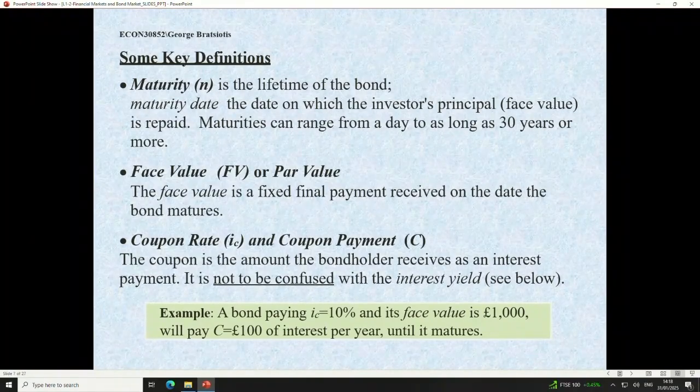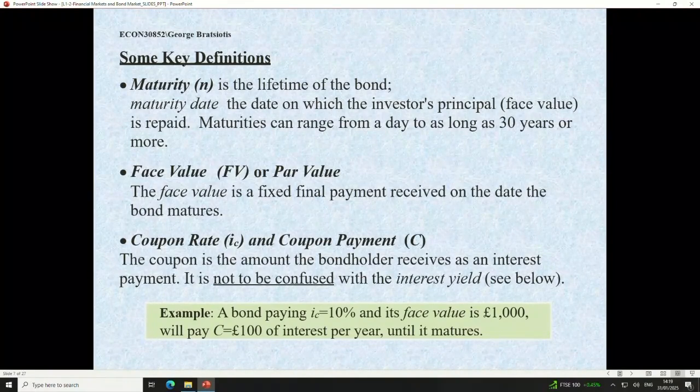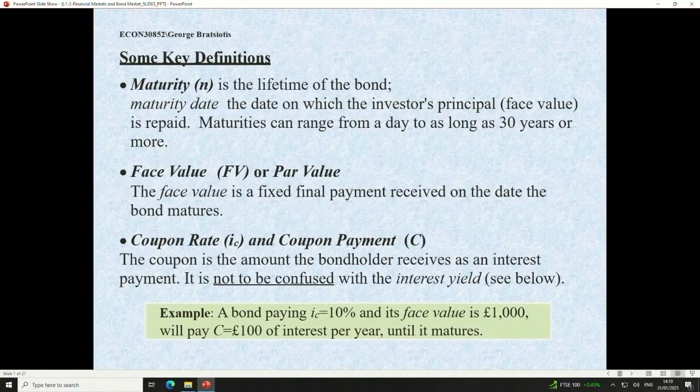Then you have the coupon rate, which I'm going to denote as IC, and the coupon payment as capital C. Now, the coupon is the amount the bondholder receives as an interest payment. Please do not confuse the interest rates here, and I'm not blaming you.